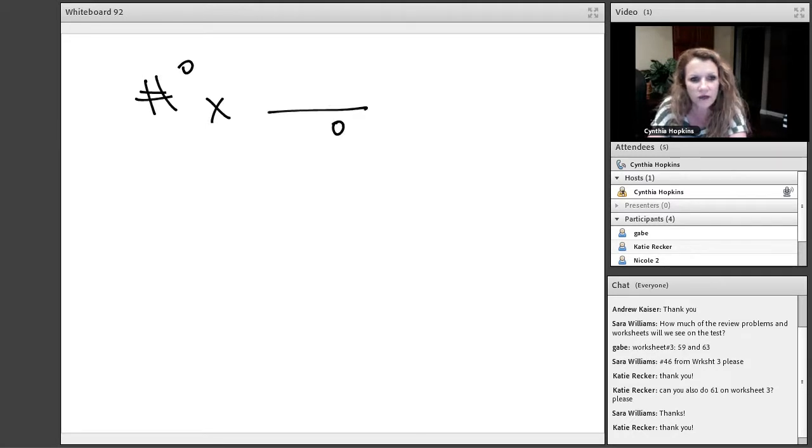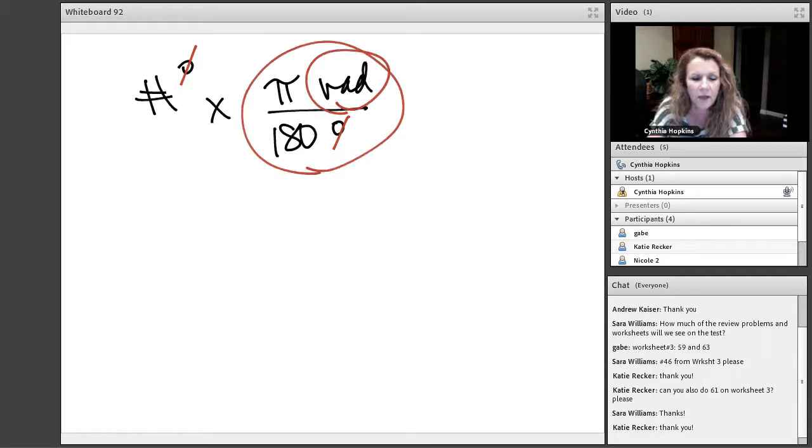You want to get rid of degrees, end up with radians, and so you need to know that there's 180 degrees that's equal to pi radians. Your degrees will cancel and you'll end up with radians. And so this is your multiplier, multiplying by pi radians over 180 degrees.